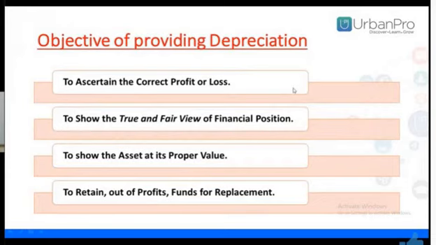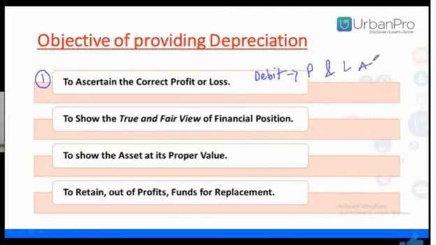Now let's understand why we charge depreciation. What is the objective of providing depreciation? Mainly there are four objectives of charging depreciation. First one is to calculate correct profit or loss. If we do not charge depreciation, then we are not able to calculate correct profit or loss, because we debit the depreciation amount in the profit and loss account.